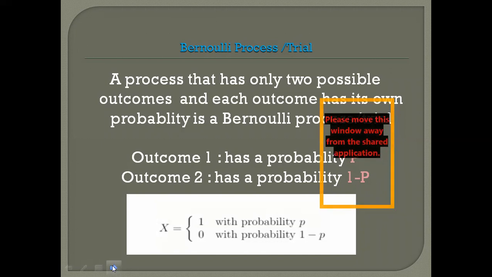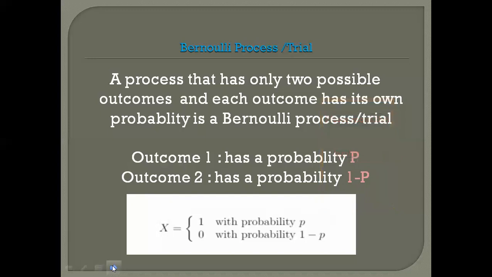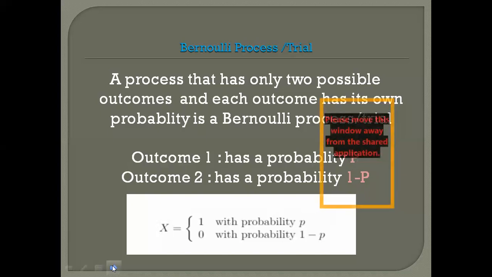It's very important to understand the concept of the Bernoulli process in order to understand further distributions, as we have one or two or three distributions based on this concept. Any process in the world which has only two outputs is called a Bernoulli process, and outcome one and outcome two have their own probabilities, not necessarily equal.